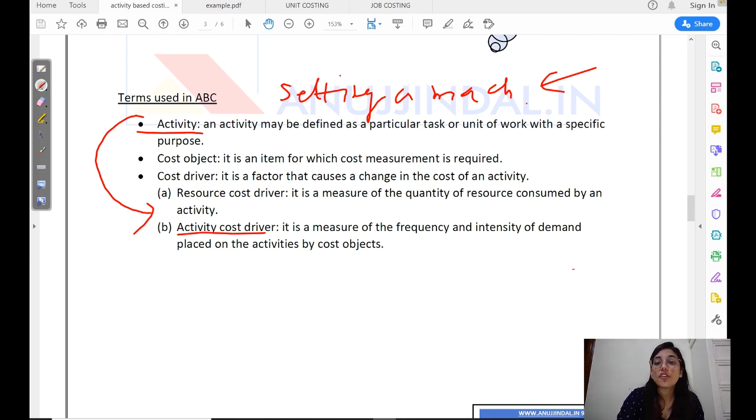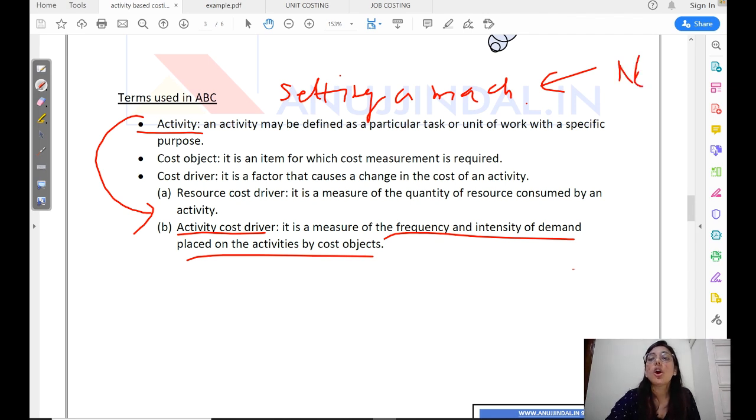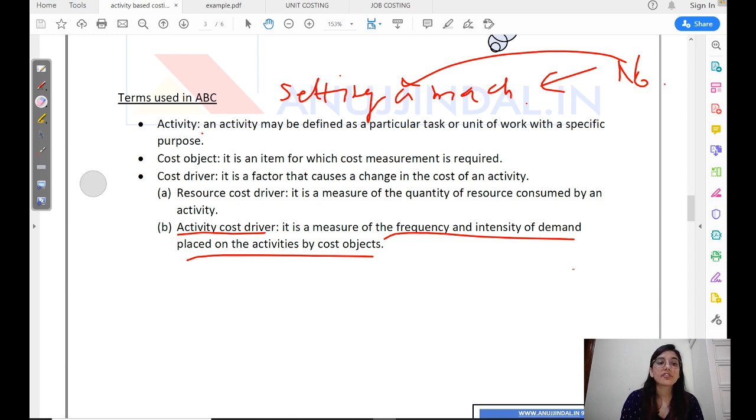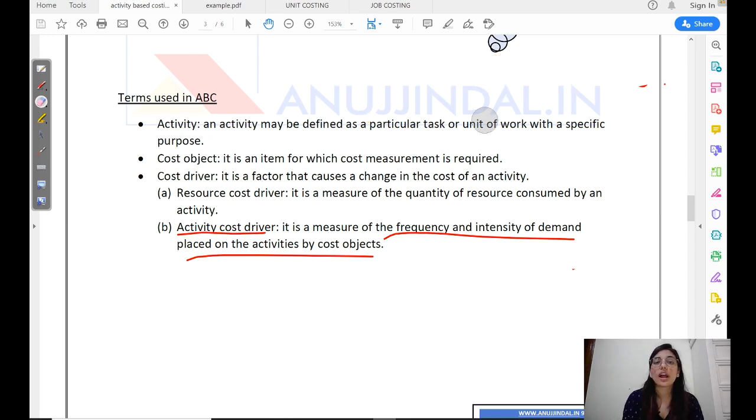It is a measure of the frequency and intensity of the demand placed on the activities by the cost object. So a cost driver is a factor that causes a change in the cost of an activity, as we see that the number of setups would lead to a change in the cost of setting up a machine, right? These are important terms which we need to remember in order to understand how activity based costing works.